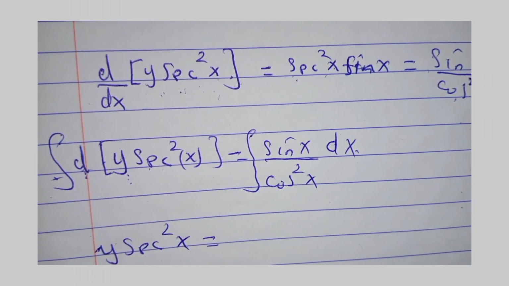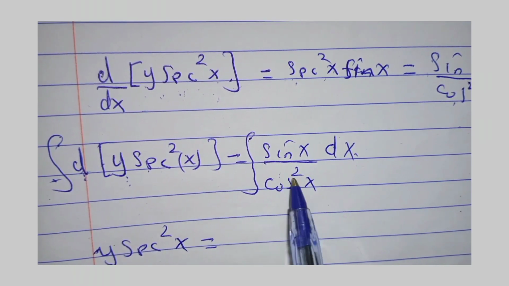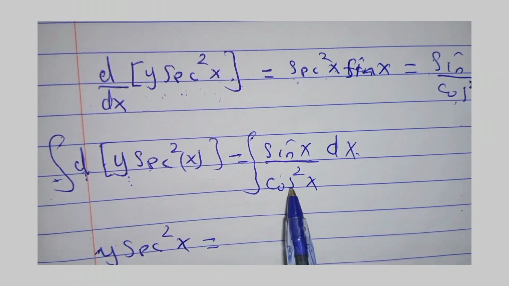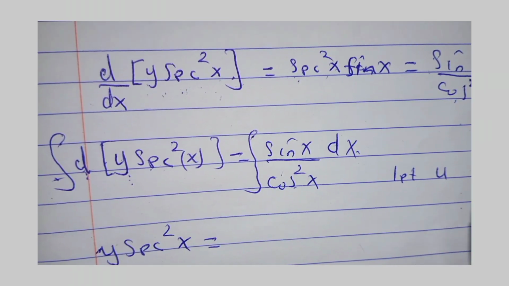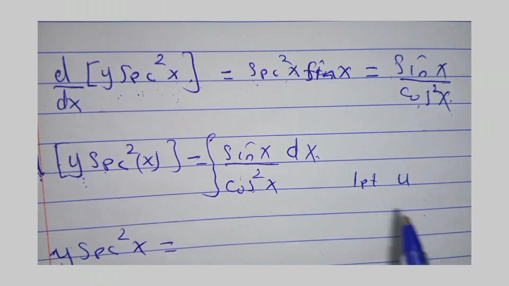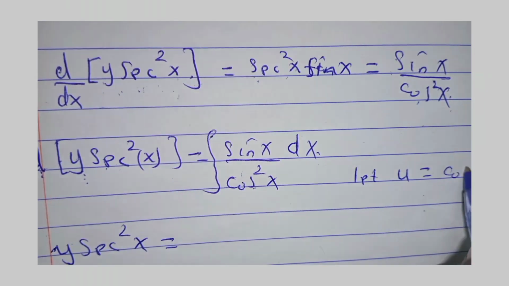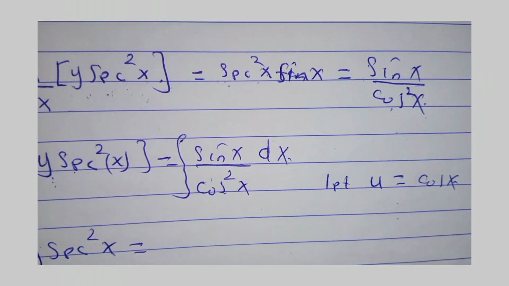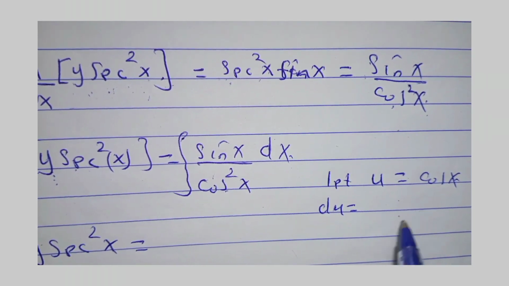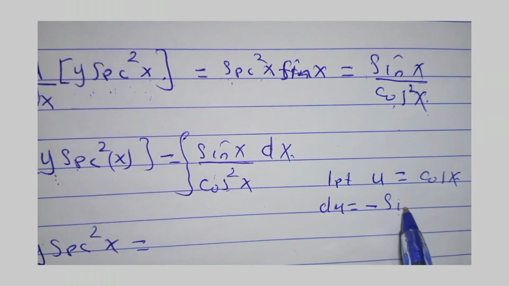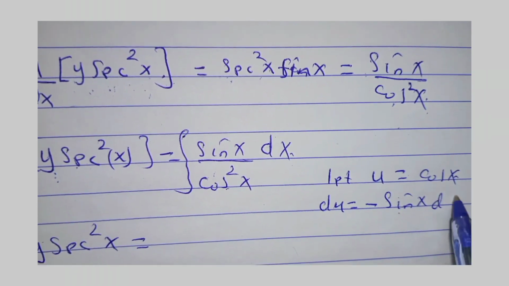equal to. Now, to integrate the left hand side, we are going to integrate this by what is called u substitution. So we are going to let our u be equal to cos of x, then our du will be given by, when you differentiate cos of x, it will give you negative sine of x dx.